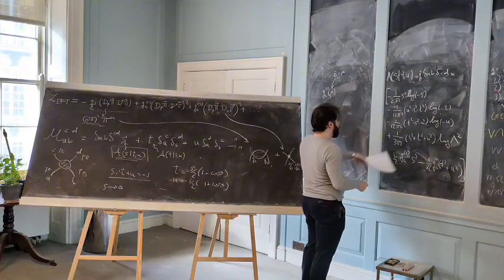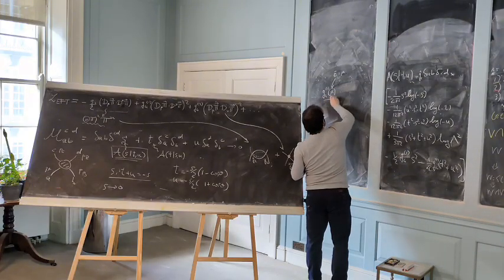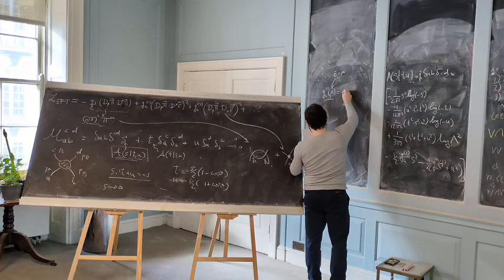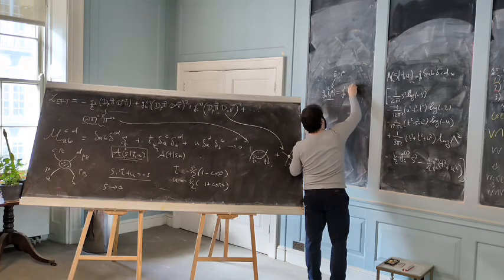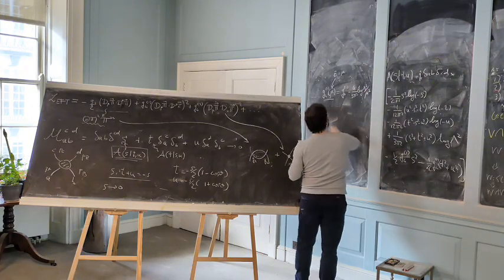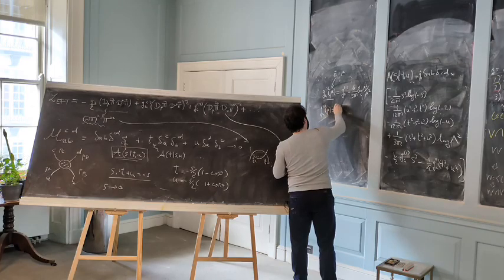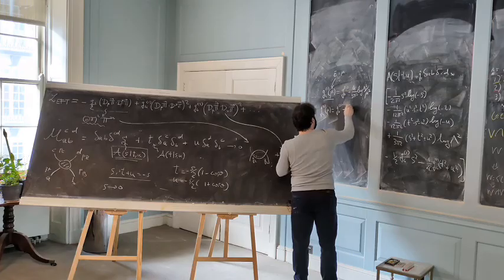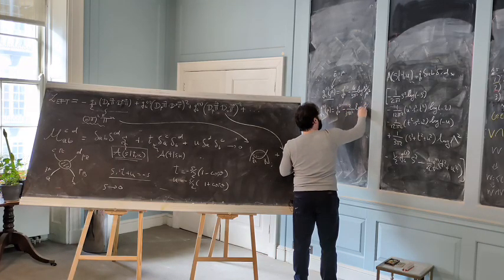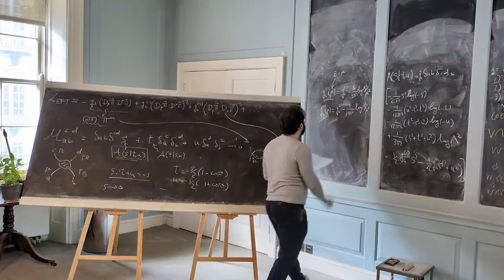And I reabsorb the bare coupling and the divergence into these quantities here. So I can define it as G for 1 minus 4 over 3 pi squared log of lambda squared divided by mu squared. Then G for 2 at mu, which is G for 2 minus 2, okay, squared, log of lambda squared divided by mu squared.